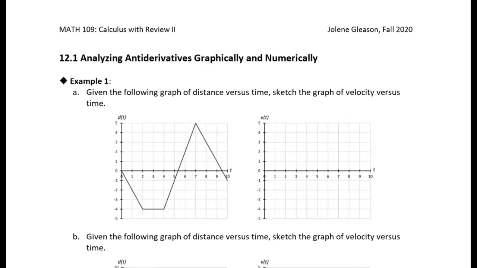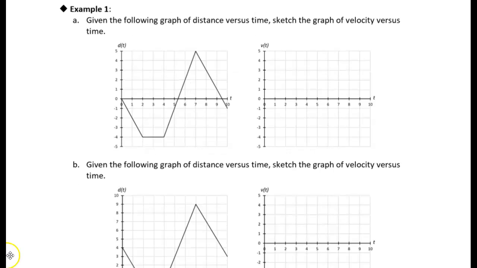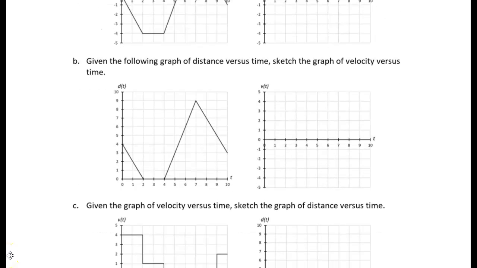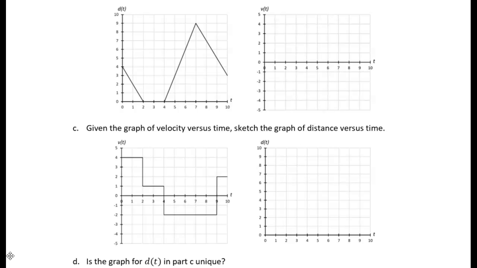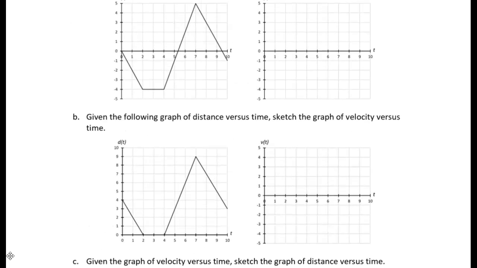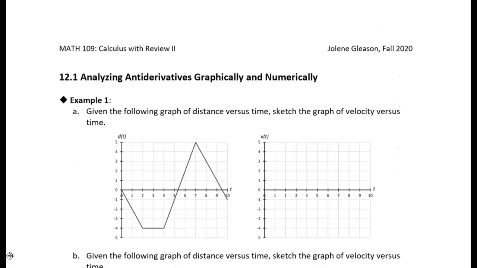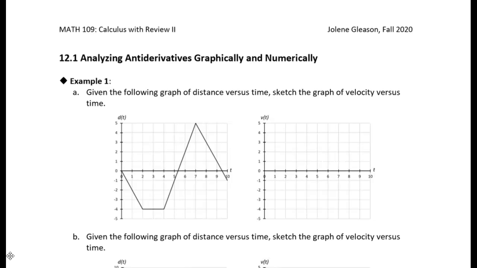That's the first two parts of this. And then in part C, I'm giving you a velocity function and asking you to try to graph the displacement. So pause the video, give this a try, and then I will go through it with you.